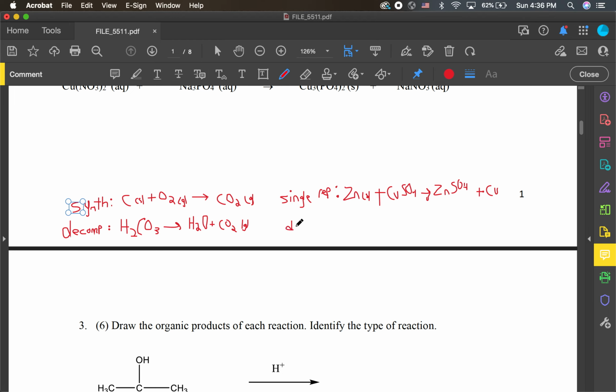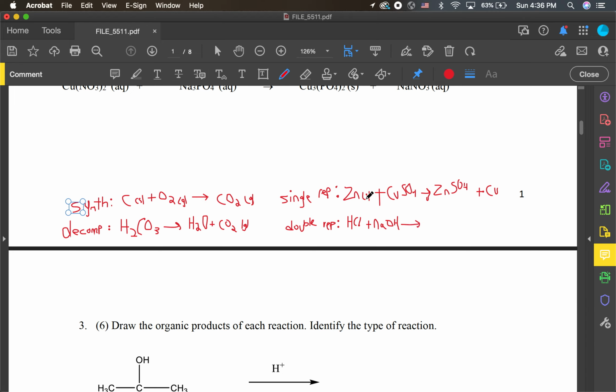For the double replacement, we might as well just do that one too. We're going to have hydrochloric acid plus sodium hydroxide, NaOH.